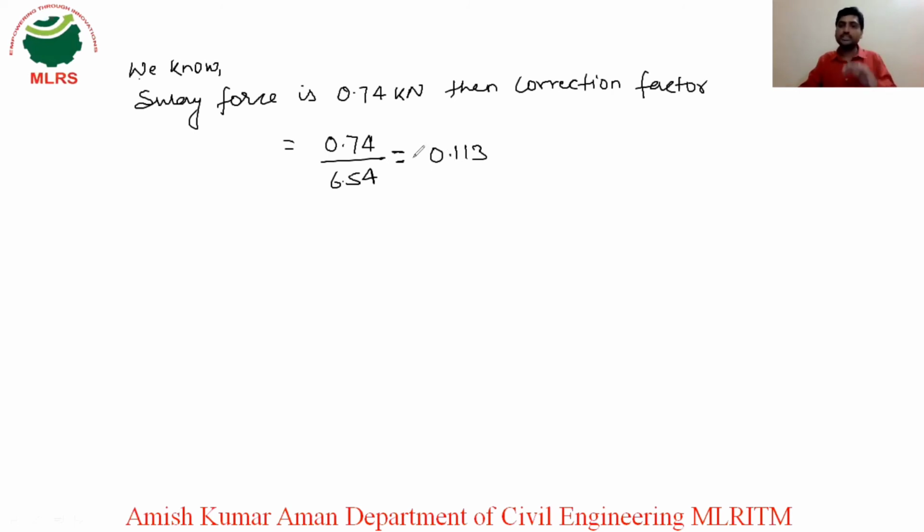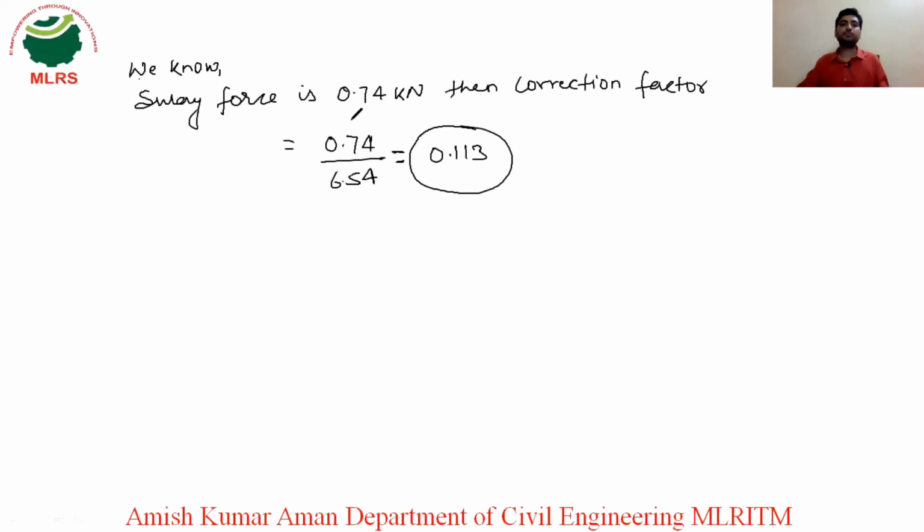So we need to decrease our moment in this case. In the previous case we were analyzing for less force, I think 2 or 3 kilonewton of sway, and the actual force was 50, so we needed to increase there and we increased the moments. Here we need to decrease the moment, that's why this correction factor is 0.113.